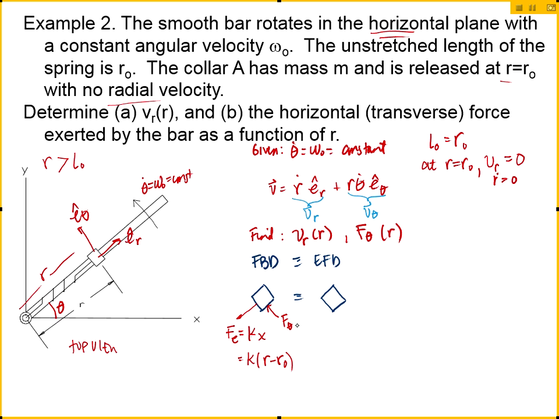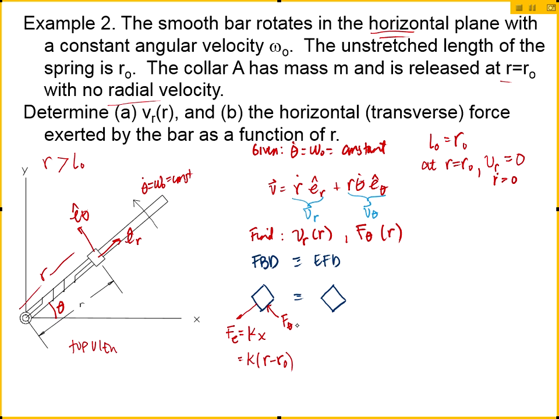Okay. So think free body diagram again. How do you know what forces to show? Gravity generally doesn't need contact. Everything else needs contact. So all you have to do is, what other things are touching my collar? The spring is touching the collar. That's why you have the force of the spring. And the bar is touching the collar.